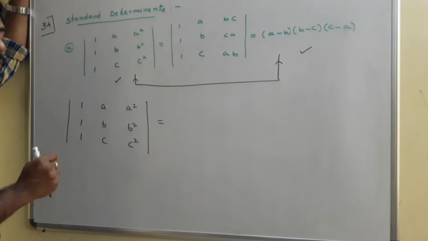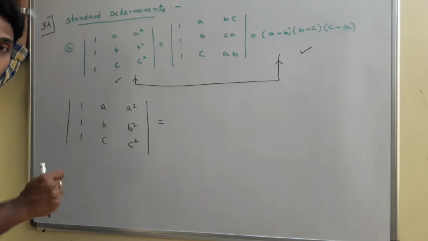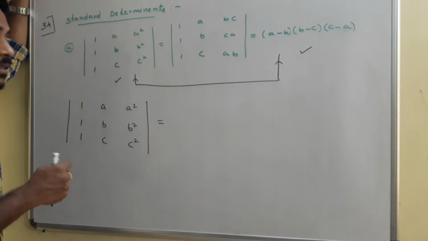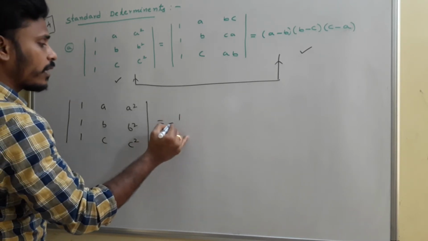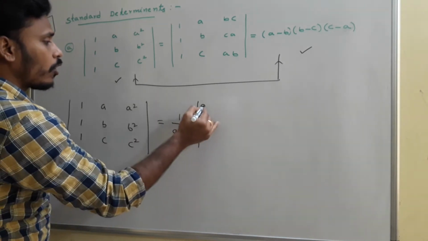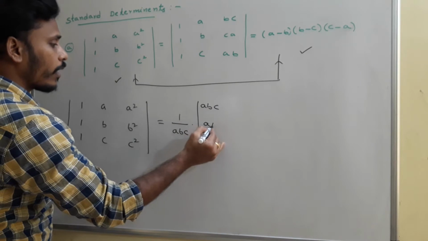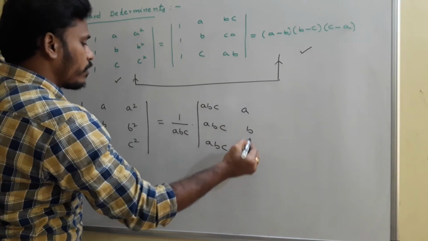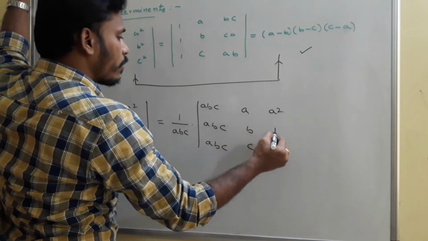See, if you multiply every row or every column with a constant, the determinant is affected by that many times. So to maintain that balance, I am taking 1 by ABC into the determinant of ABC, ABC, ABC, and the remaining two columns just as they are. I won't make any disturbance there.